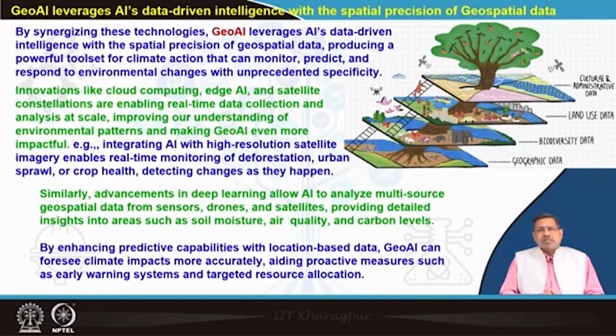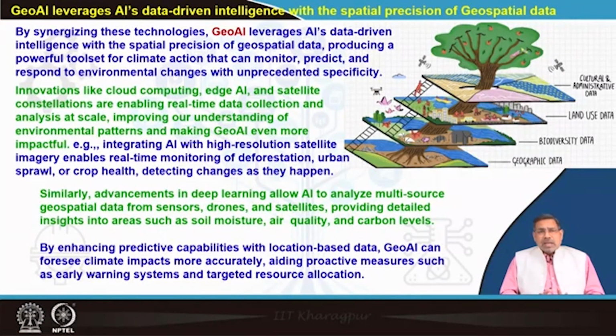Similarly, advancement in other tools which fall under the broad framework of AI, such as machine learning and deep learning, allows AI to analyze multi-source geospatial data from sensors, drones, satellites, providing detailed insights into areas such as carbon levels, air quality.